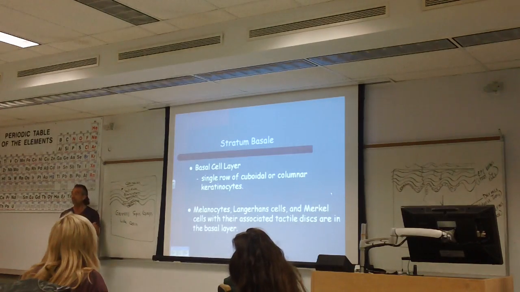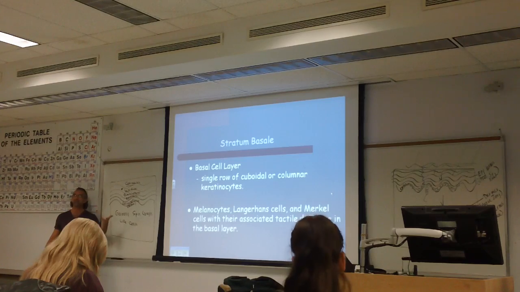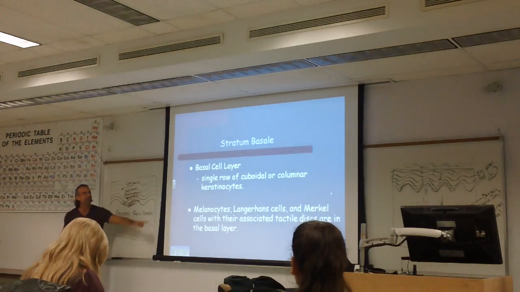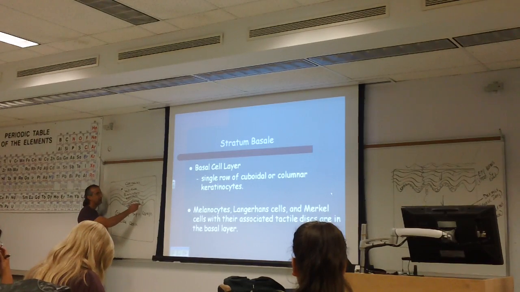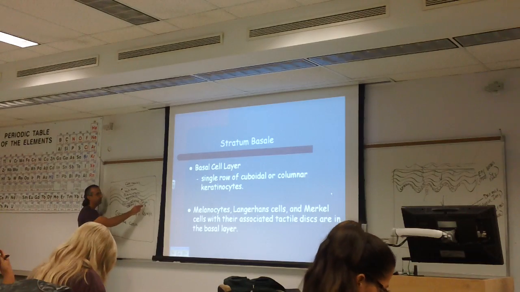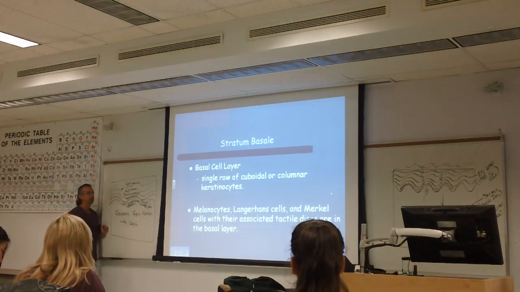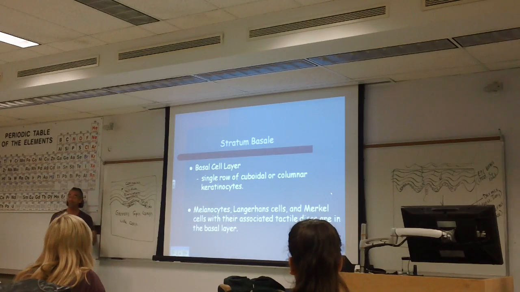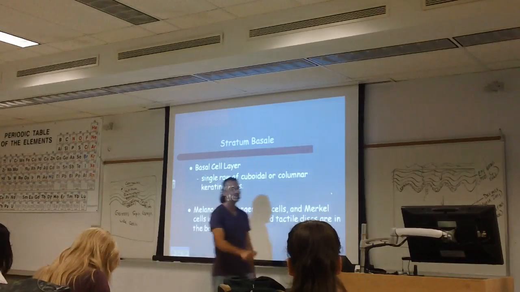So all the cell types we spoke about earlier, keratinocytes, melanocytes, Langerhans cells, are found in the bottom layer. What's unique about germinativum is that it has all the cell types.